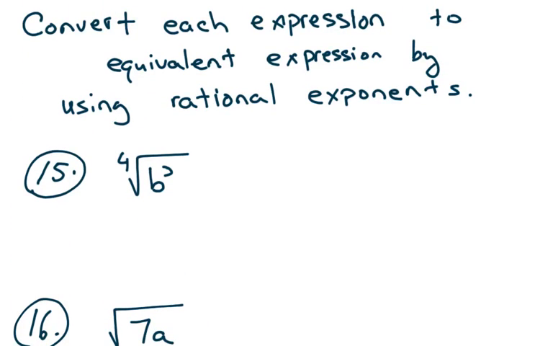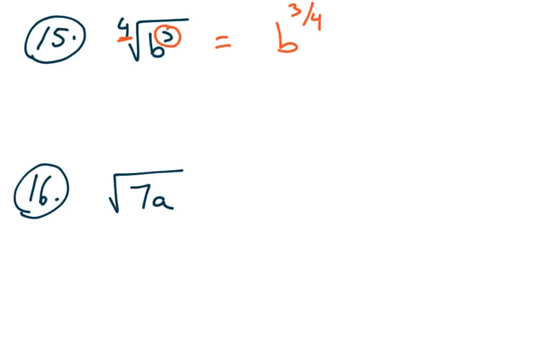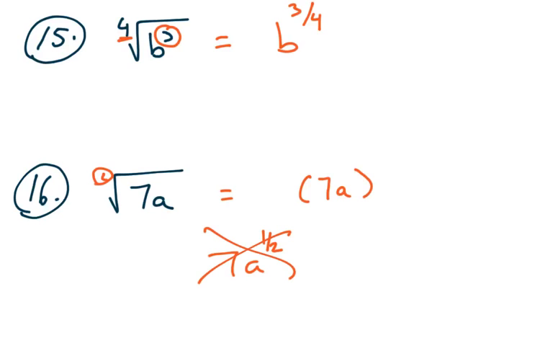Now, it's asking you to do the same thing, but in reverse. So what we said is if you're on the inside, you're riding the horse. The key with this one is that you have to remember that 7a has to be in parentheses. If you just write 7a, remember we said because the index is 2, this is 1/2. If you wrote this, this would be incorrect, right?